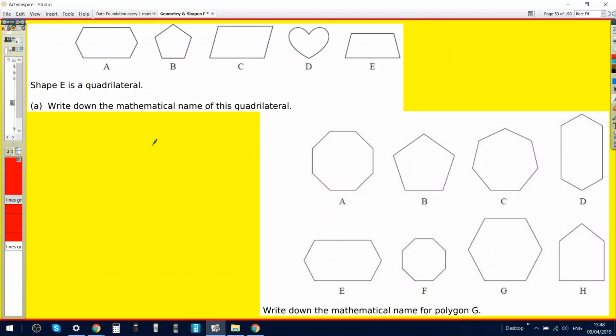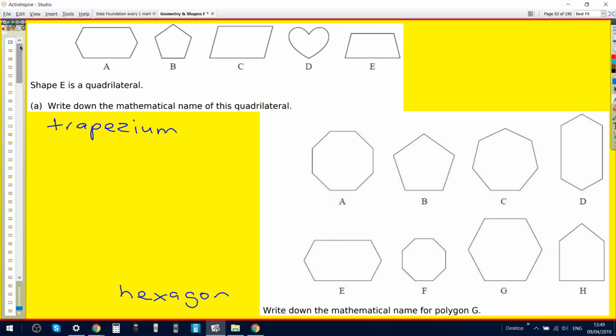Correct. Well done. And bottom right? It's got 6 sides. Hexagon. Well done. Okay, we'll test you.